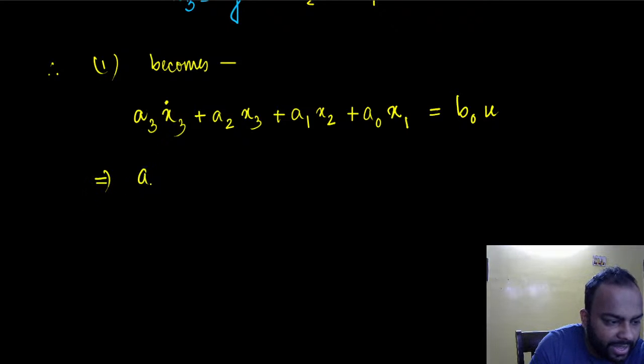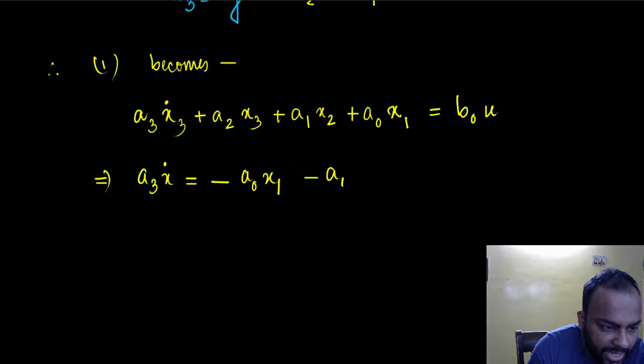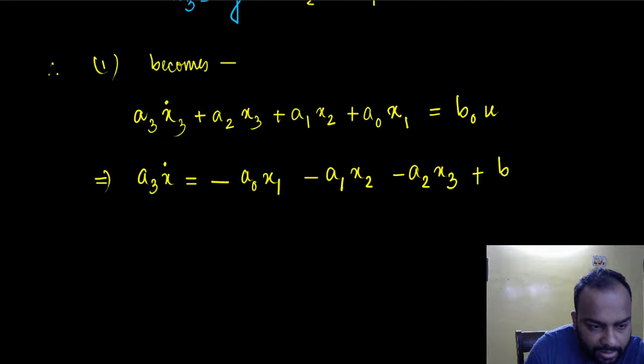I am writing a3 x3 dot, and that's going to be equal to minus a0 x1 minus a1 x2 minus a2 x3 plus b0 u.